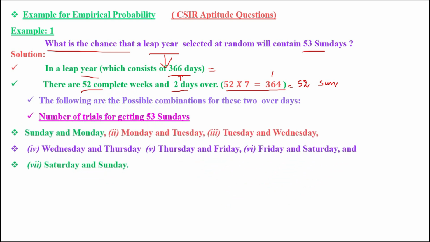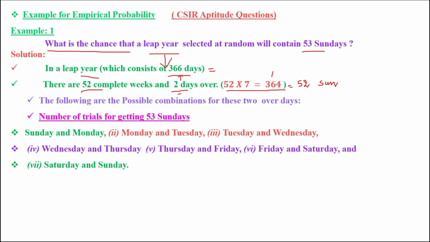These 2 days may be Sunday and Monday, or Monday and Tuesday, or Tuesday and Wednesday, or Wednesday and Thursday, or Thursday and Friday, or Friday and Saturday, or Saturday and Sunday.